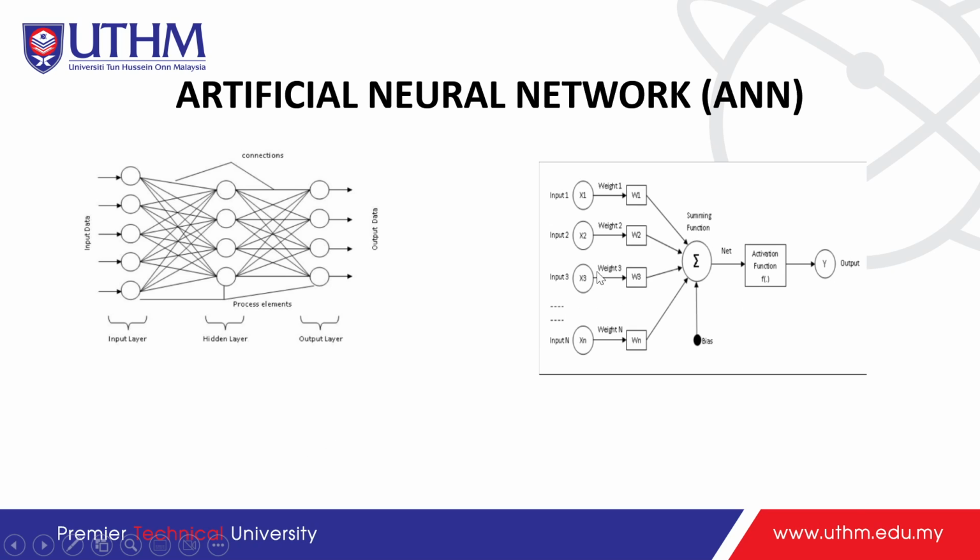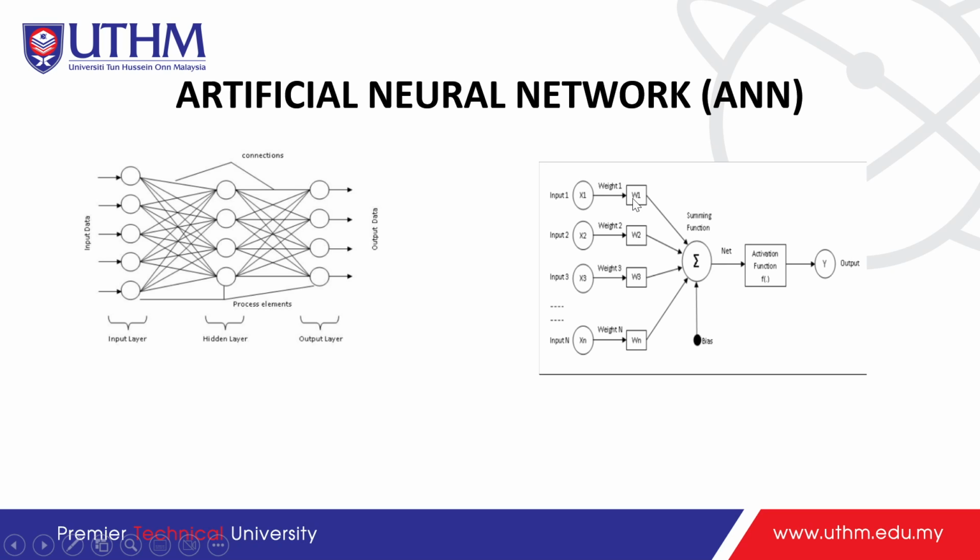In the input layer, you have the input neurons, let's say x1, x2, x3 to xn, and each input will be multiplied by a randomly assigned weight: weight 1, weight 2, weight 3 until weight n.